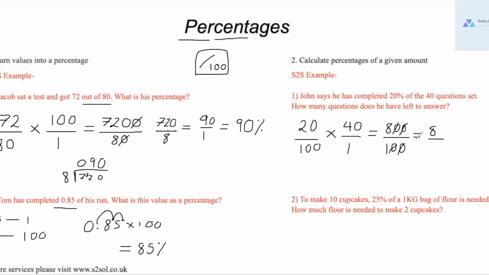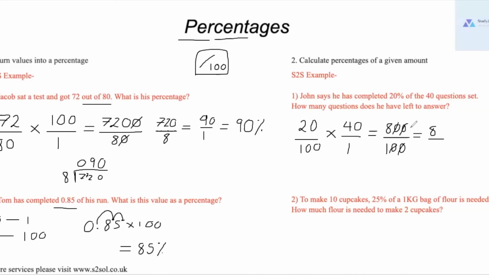Have we finished? The answer is no. Let's go back and read the question. It says, how many questions does he have left to answer? The 20% is for the amount of questions he has completed. So many people would get to this point, think the answer is 8 and move on. However, you need to make sure that you're reading the question over properly.